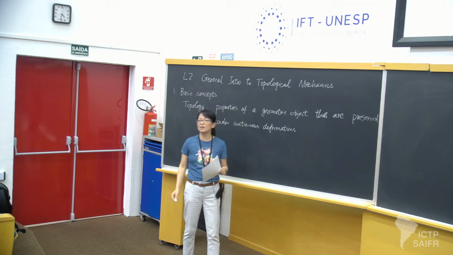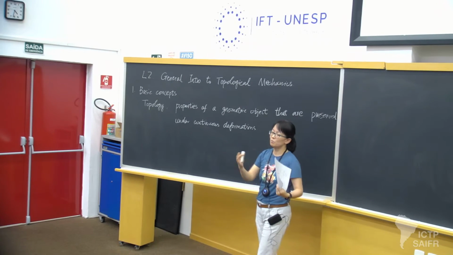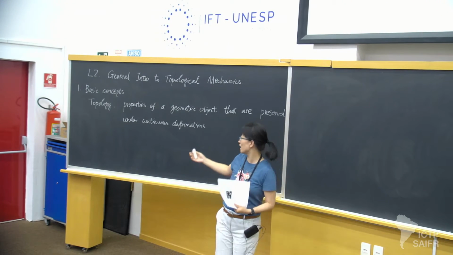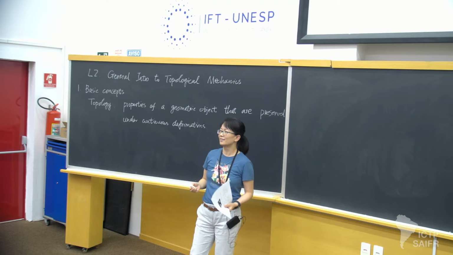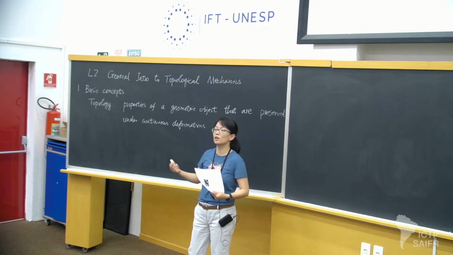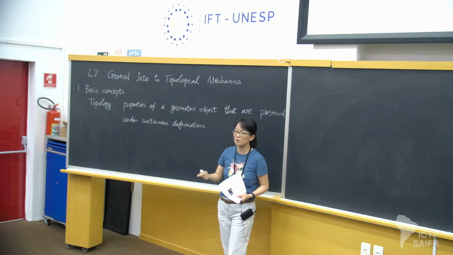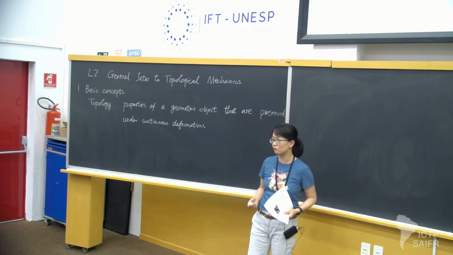So for that picture or the animation of that morphing between a donut and a cup, what is the topological property in that example? It's the number of holes or the number of handles of a closed surface, right? That is one example, but there are many other types of topological properties that you can define.